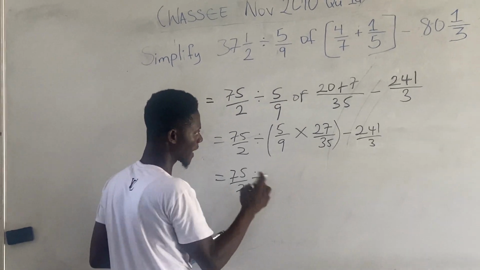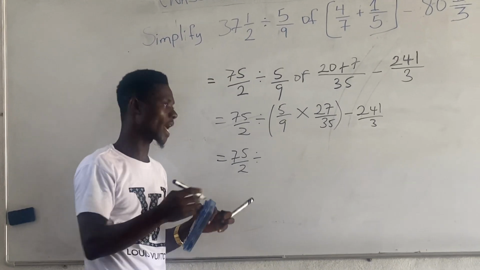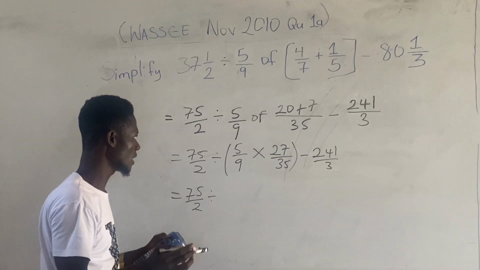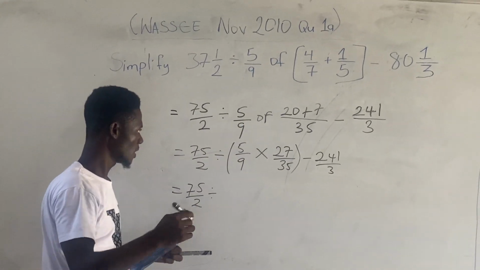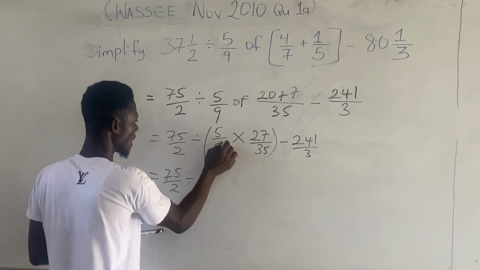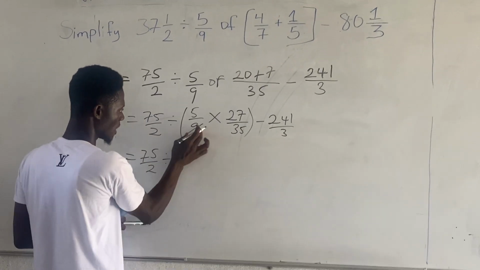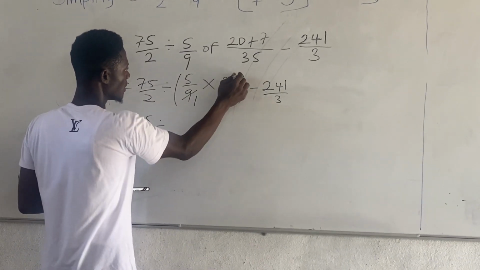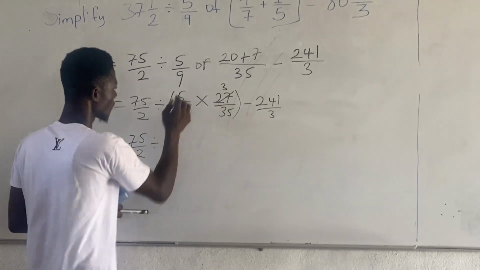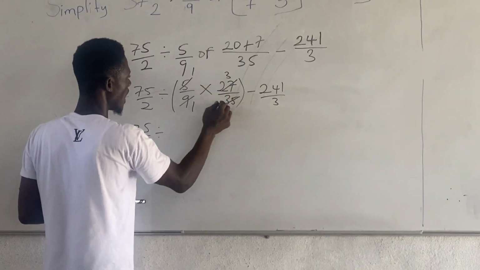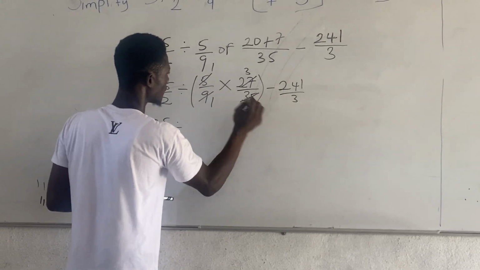Meaning you look for a number that can divide any of the denominators equally and also divide any of the numerators equally. For example, 9 can go into 9 one time, 9 can go into 27 3 times. 5 is here 1 time, 5 into 35 7 times.